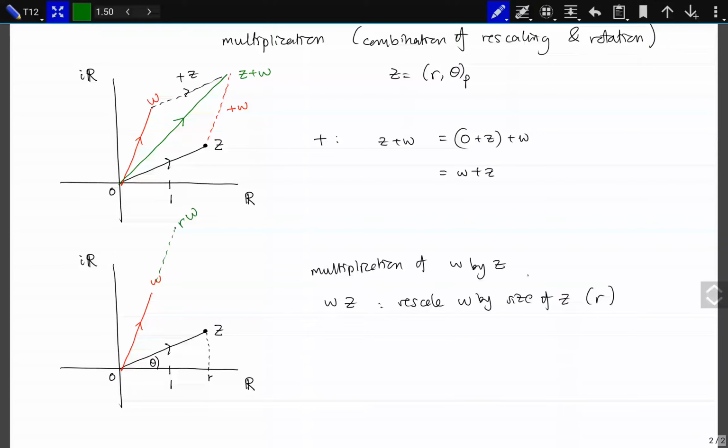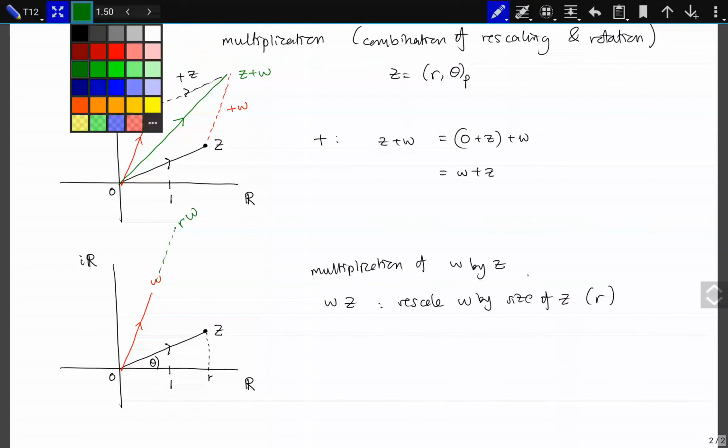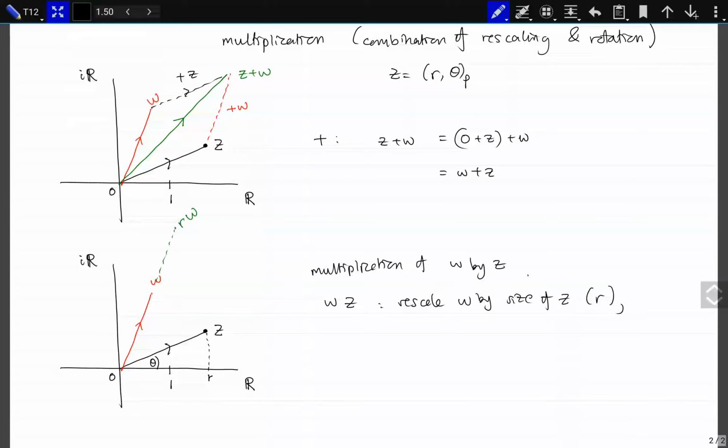And then I'm going to rotate by the angle theta, so by the angle of z. So I'm going to rotate all of this by about theta. My drawing is only reasonable, it's something like this. And this new vector here, here's the output, wz.